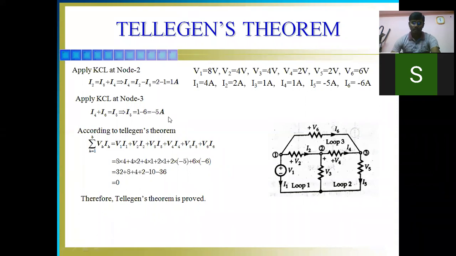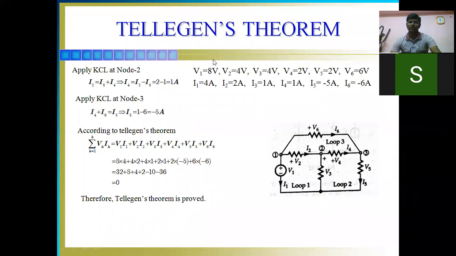Okay. So according to Tellegen's theorem, summation of k equal to 1 to b, Vk Ik is equal to V1 I1 plus V2 I2 plus V3 I3 plus V4 I4 plus V5 I5 plus V6 I6.